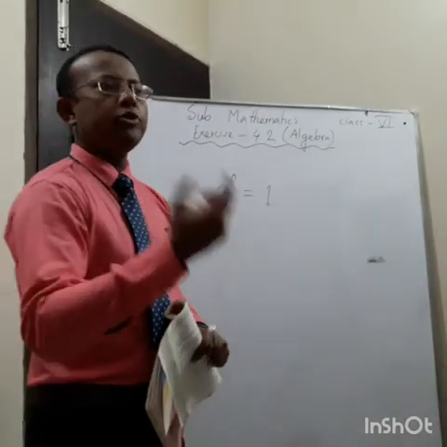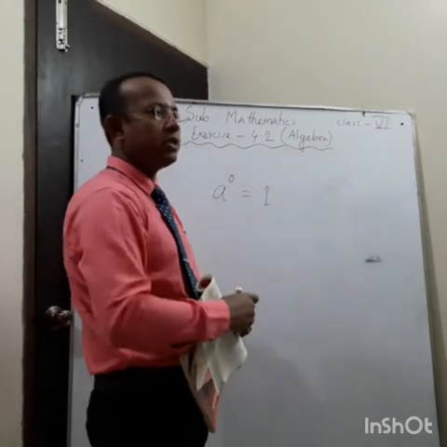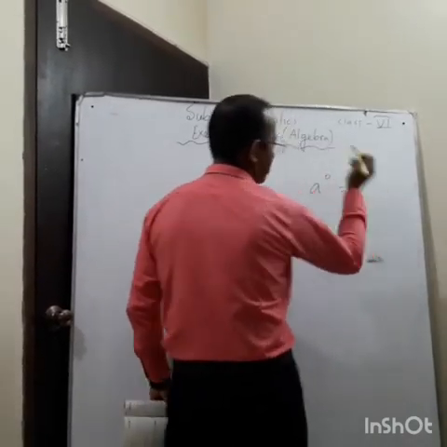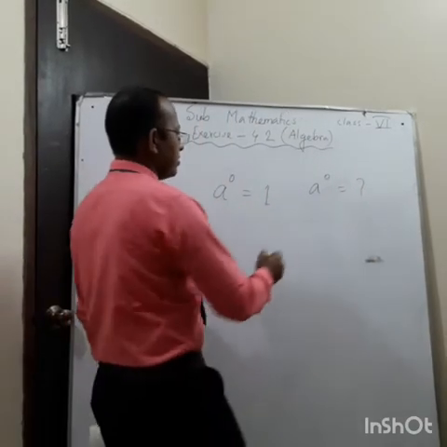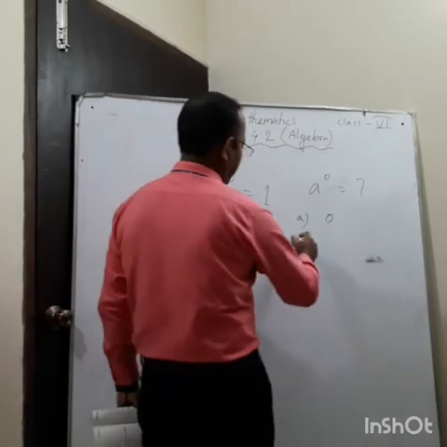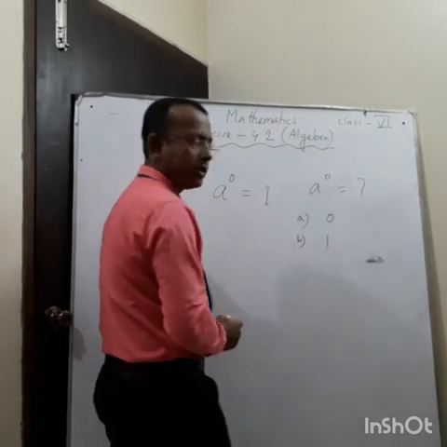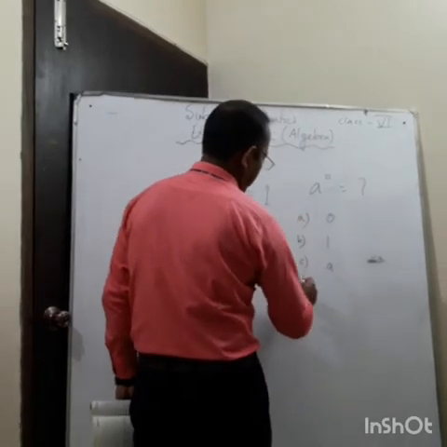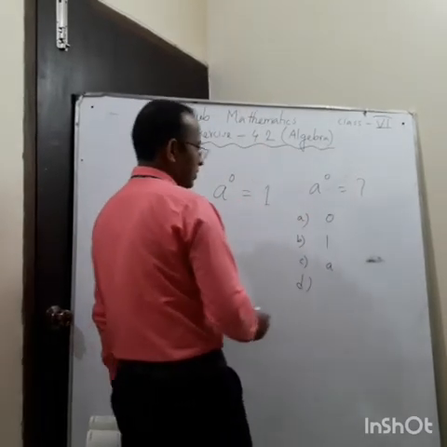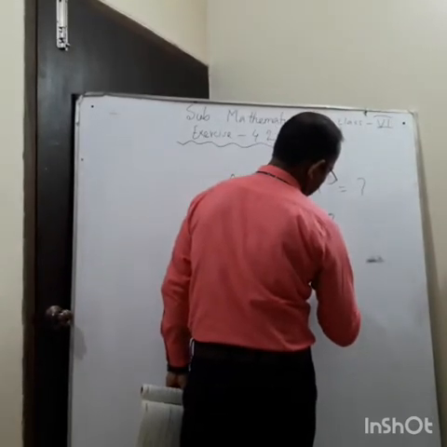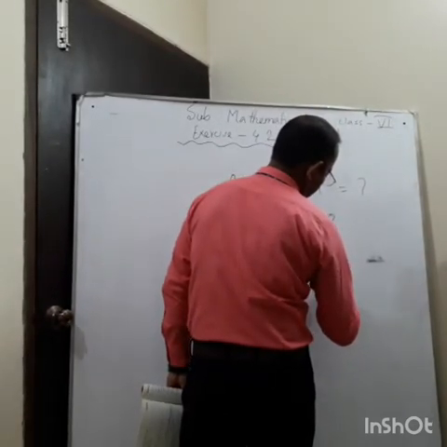Sometimes a short question may be asked in an MCQ, that a to the power 0 equal to what? The options are: A, 0; B, 1; C, a; D, none.